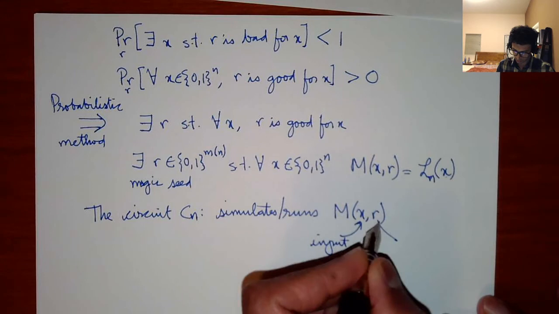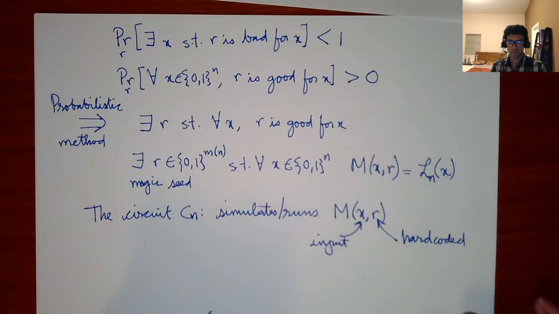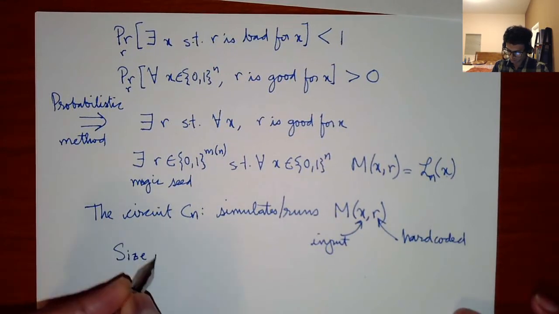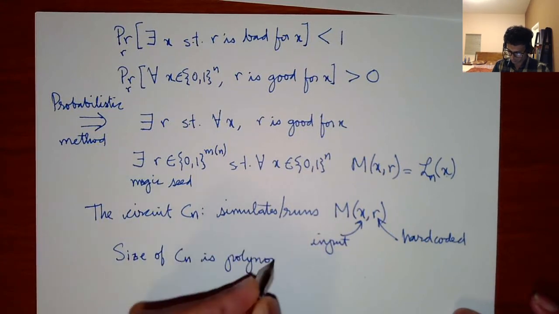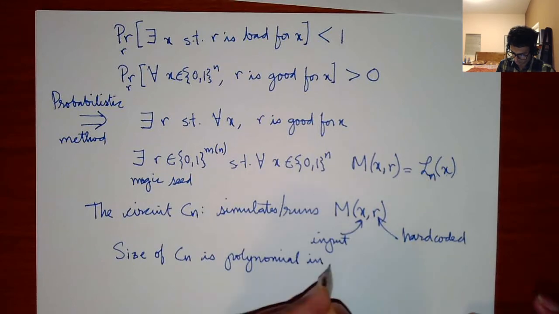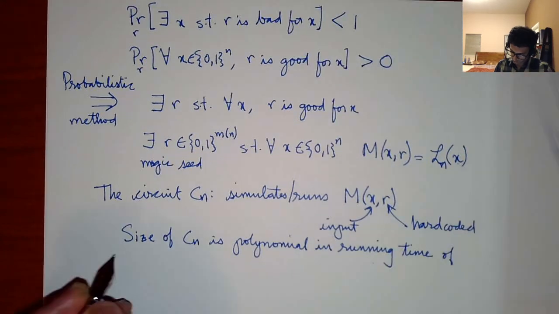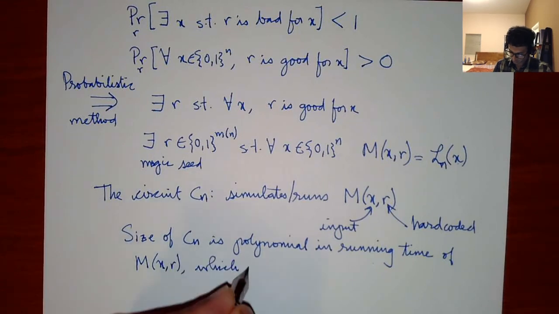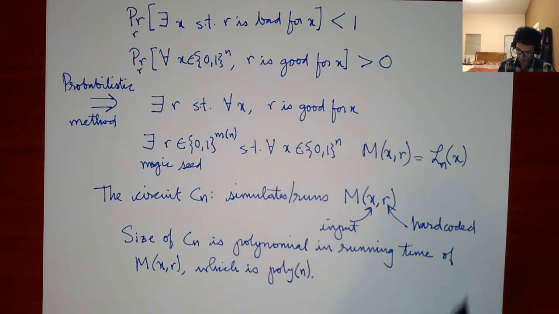This is hard-coded. And the size of C_n is polynomial in the running time of M(x, R), which is polynomial in n. And so that ends the proof.